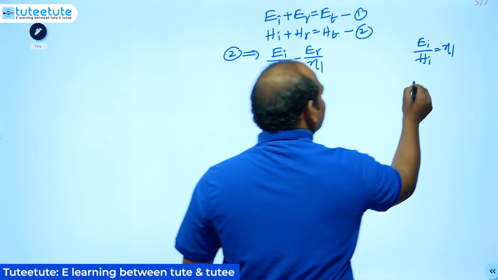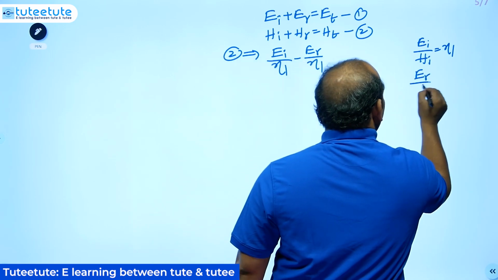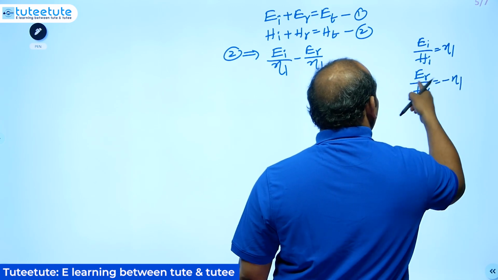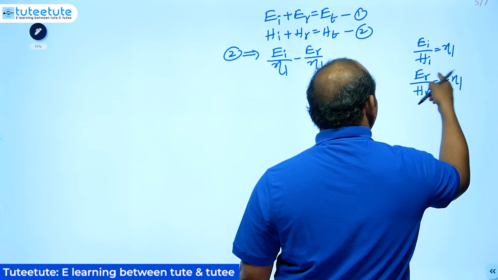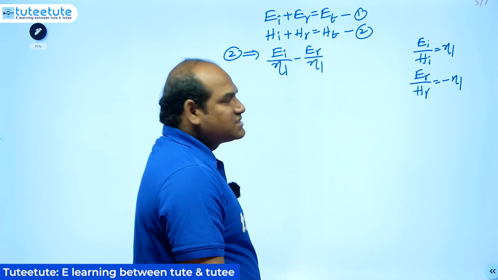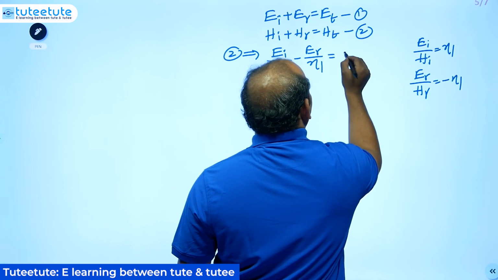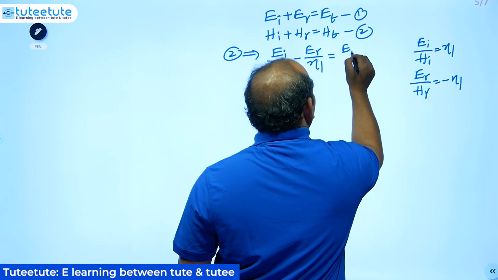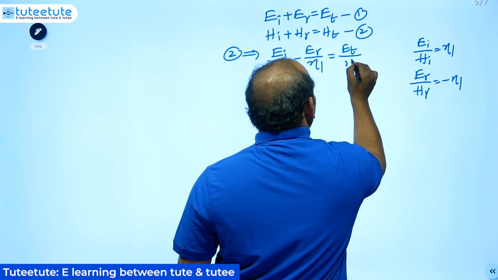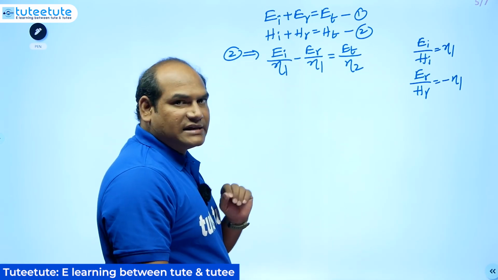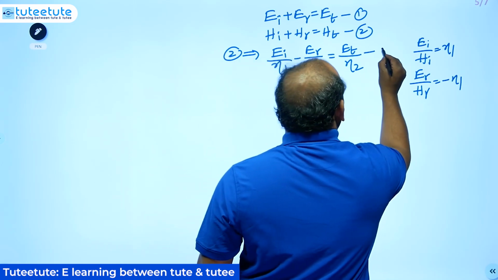Since ER by HR is equal to minus eta 1, we have HR equal to ER by minus eta 1. So this is equal to HT. HT is nothing but ET by eta 2, because that is related to medium 2, we have to write like this. So this is equation 3.